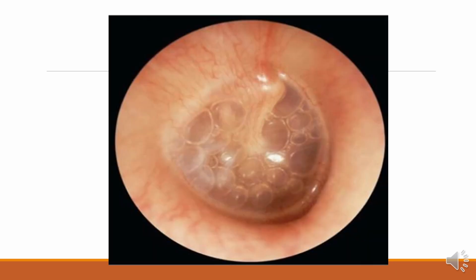Here is another diagram showing tympanic membrane. You can see multiple bubbles behind the tympanic membrane. This is because of secretory otitis media, where air is trapped between the fluid, and this results in bubble formation within the middle ear, a feature of secretory otitis media usually caused by adenoids.